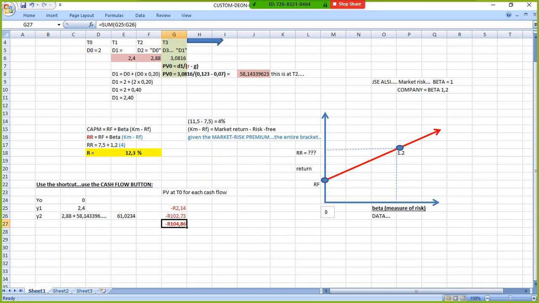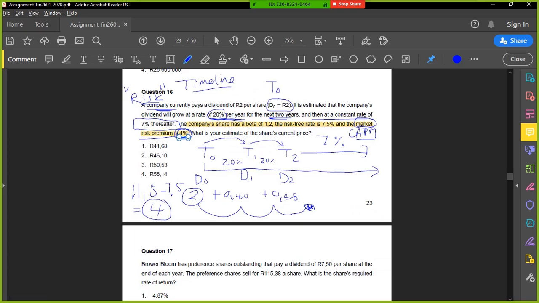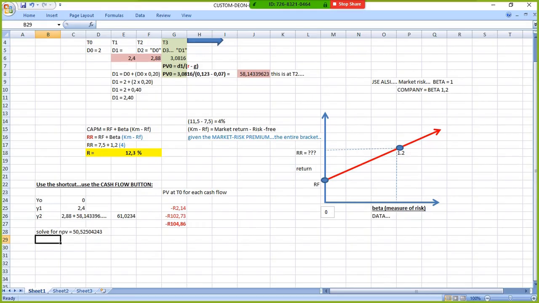On the calculator, if you solve for NPV, you get 50.52504243. That's what you get. That should be an answer. Yeah, that's there. That is it. Number 3.